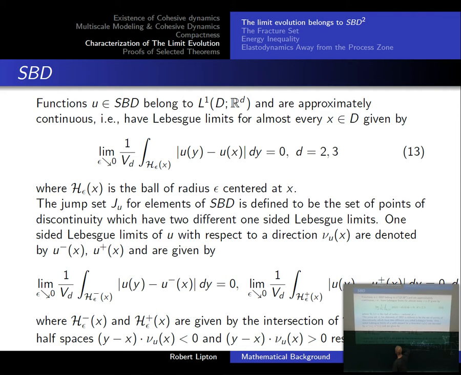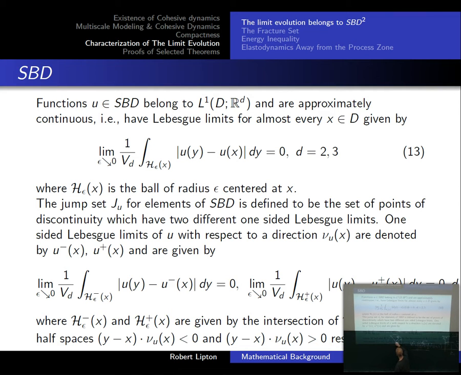You have your ball of radius epsilon. Here H epsilon just refers to a ball of radius epsilon. It could be a peridynamic horizon, but right now it's a ball of radius epsilon centered at x. And then we take a plane with normal nu, and that normal depends on your position x, where the center of the ball is.